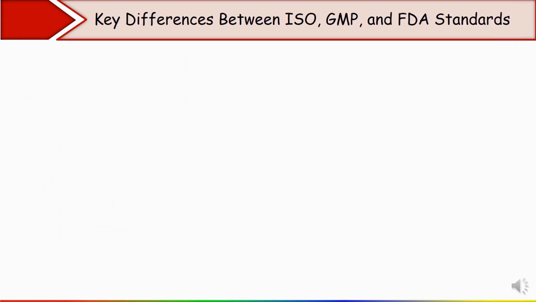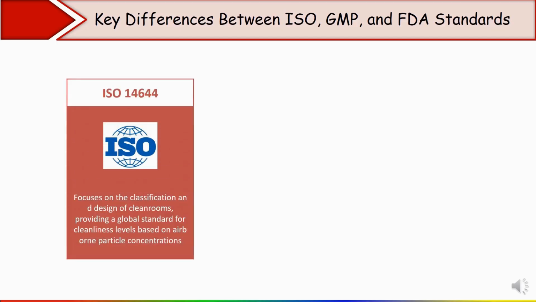Now here we'll show you the key differences between ISO, GMP and FDA standards. ISO 14644 focuses on the classification and design of clean rooms, providing a global standard for cleanliness levels based on airborne particle concentrations.